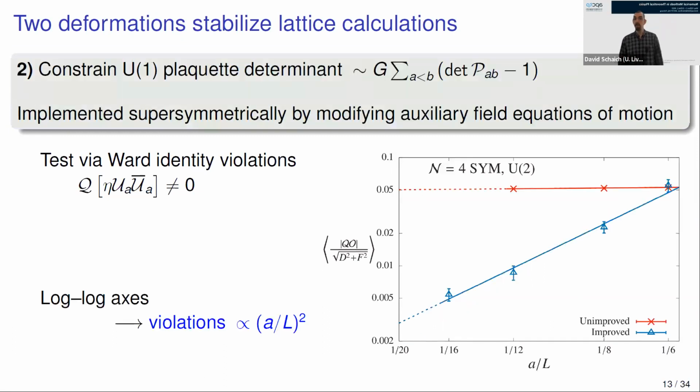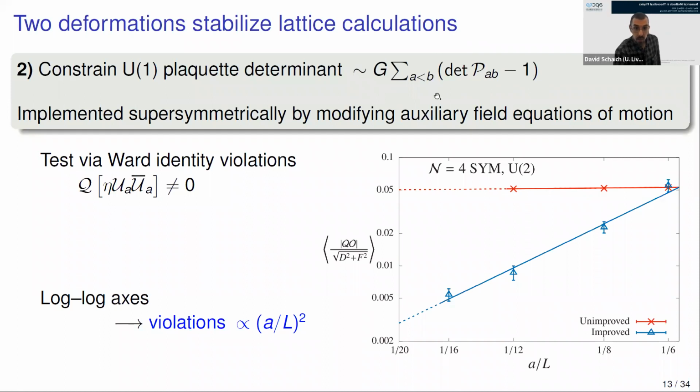However, it turns out to be highly beneficial to go through things a bit more carefully and cleverly, and actually implement some constraint on that plaquette determinant, in particular imposing that it should be close to 1, controlling fluctuations and 0 modes in the U(1) sector.